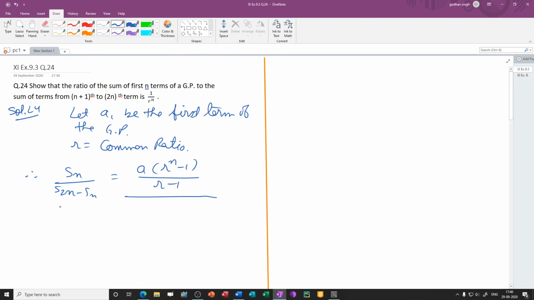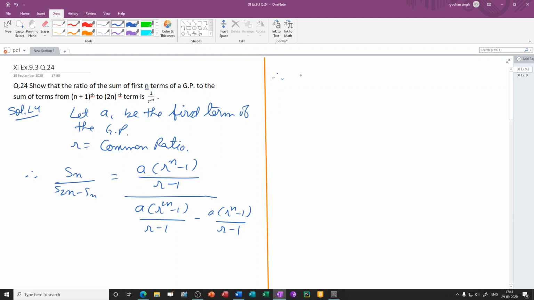Sum of the first 2n terms. So S2n in this case will be a into r raised to 2n minus 1 over r minus 1 and minus Sn. From here we can write the value of Sn, that is a into r raised to n minus 1 over r minus 1. Now this can be further simplified.